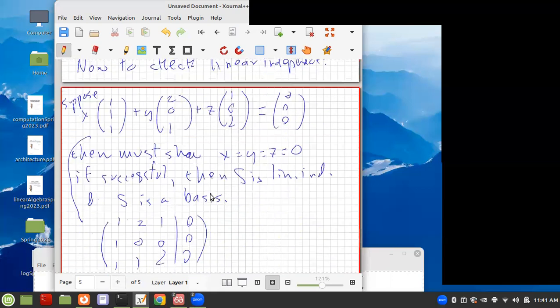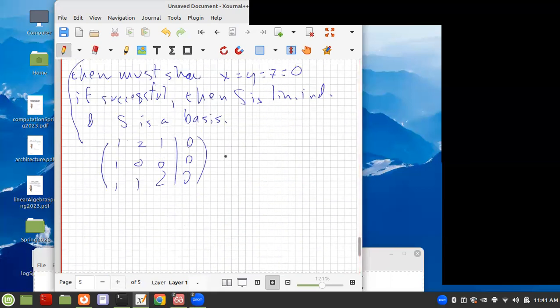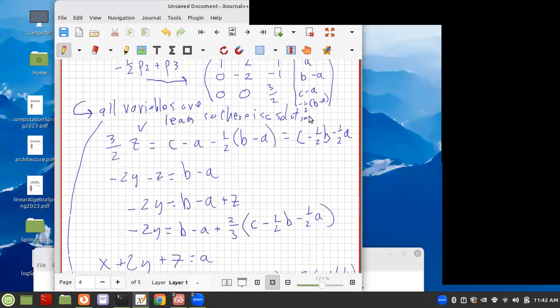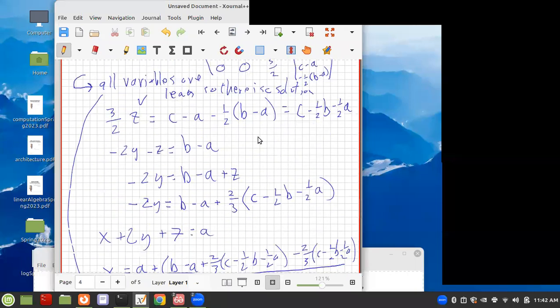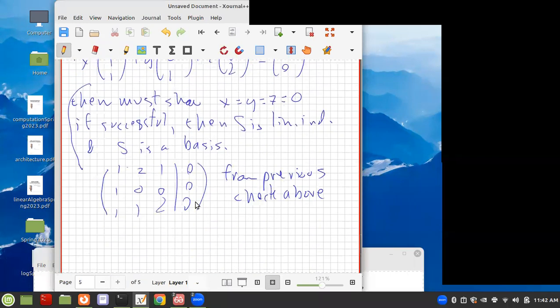So from the previous check above, we know that 3 halves z equals this thing. So C is 0, B is 0, so 3 halves z equals 0. So Z is 0, right?